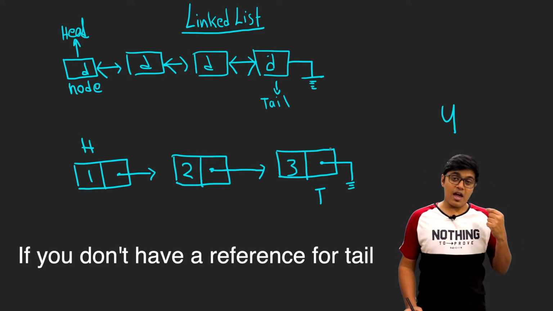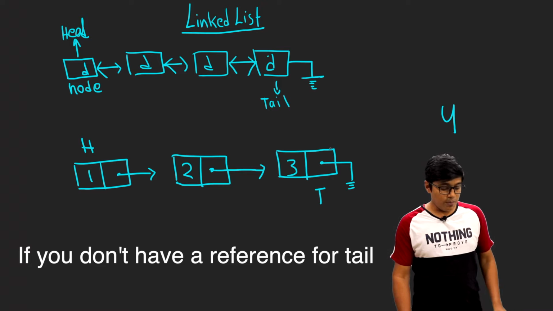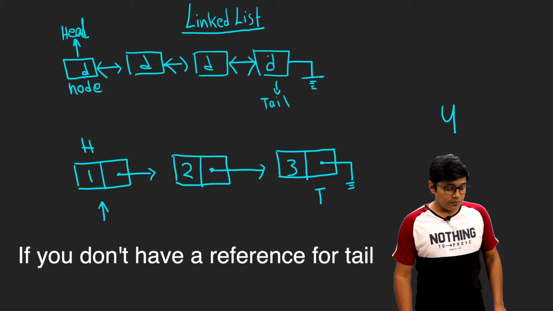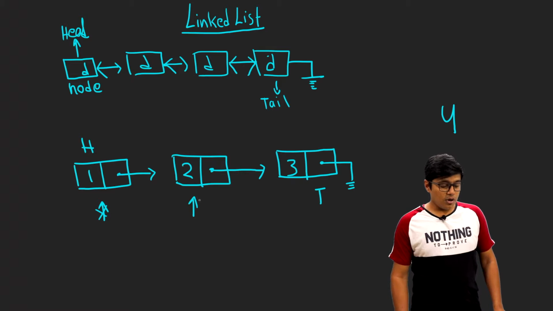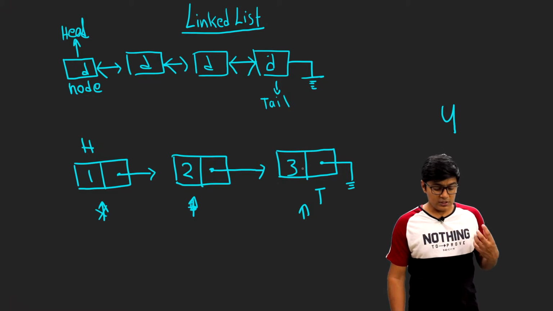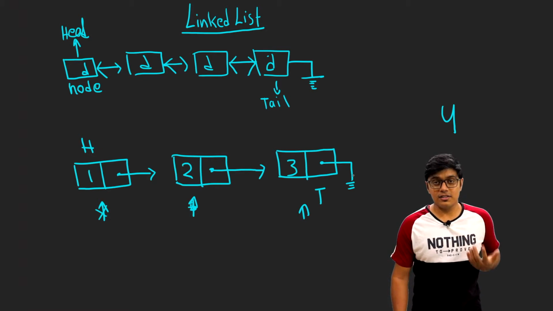So first, as you have the head data, we'll assign the pointer here first, then we'll shift the pointer to here, by calling next. Then again, you will shift the pointer here. Now you will find that this node dot next is null.